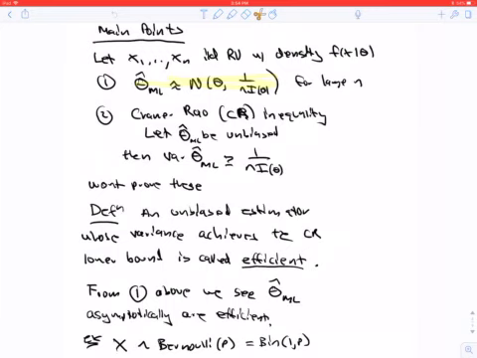And the Cramer-Rao inequality says that if the estimator is unbiased, then the variance of the estimator is greater than or equal to 1 over n times the Fisher information. In other words, 1 over n times Fisher information is a lower bound for the variance of your estimator for unbiased estimators.